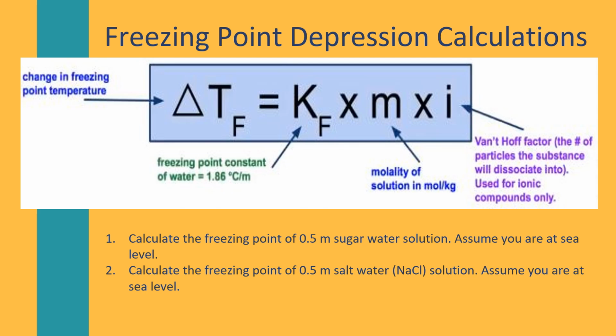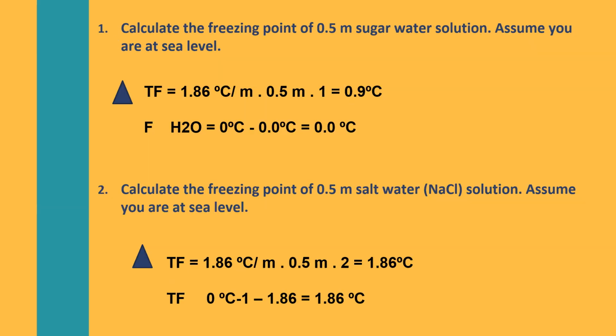If you look, we're dealing with sugar. Sugar is polar, just like we discussed earlier, and it is not going to dissociate. So 1 mole of sugar is going to produce 1 mole of dissolved sugar particles, so we just multiply by 1.